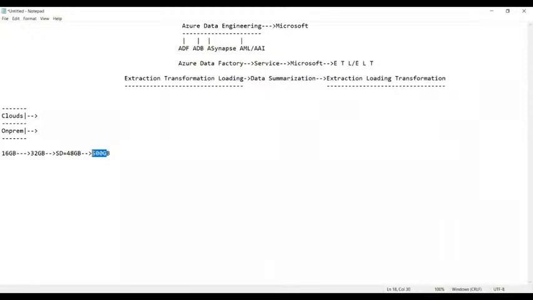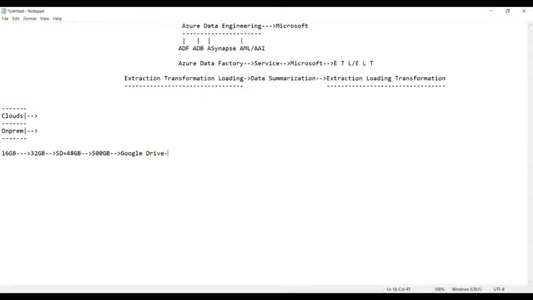So what is the other alternative you can suggest? Google Drive. Yes, the other alternative is nothing but Google Drive. I just go and store the data in Google Drive.